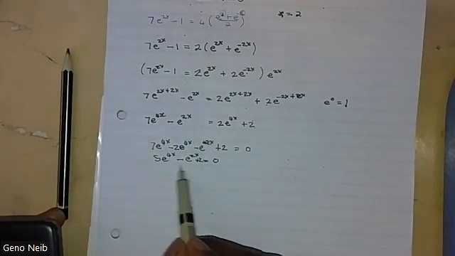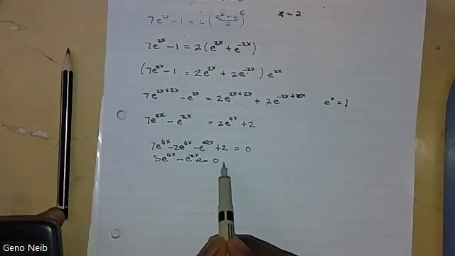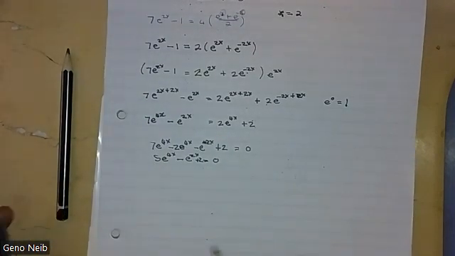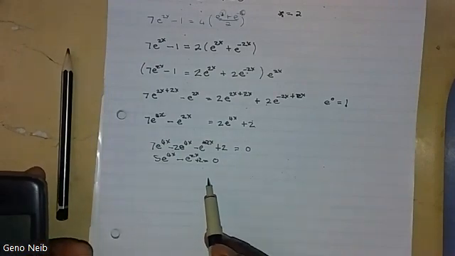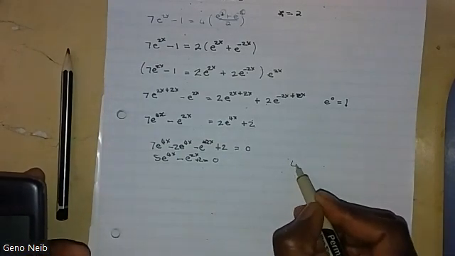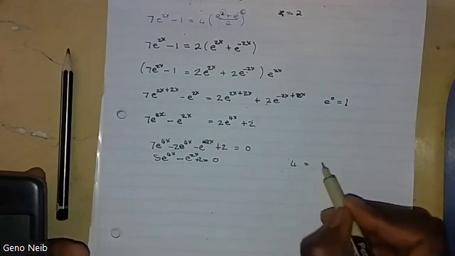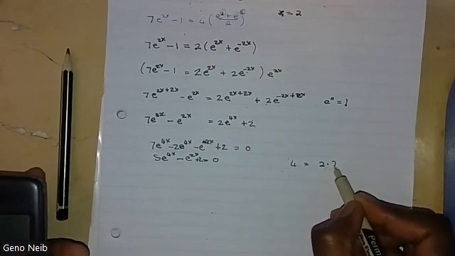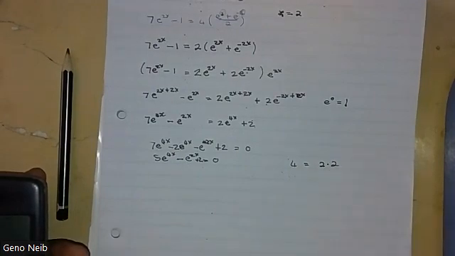Okay, we got this. Since we got this, now the question is, how do we continue? But what is 4? 4 is equals to 2 times 2. Since 4 is equals to 2 times 2, we can do this.